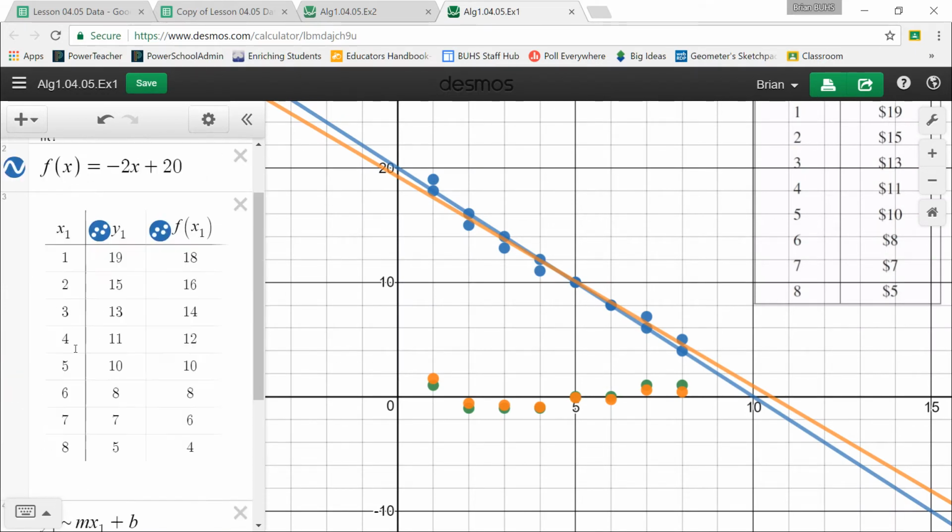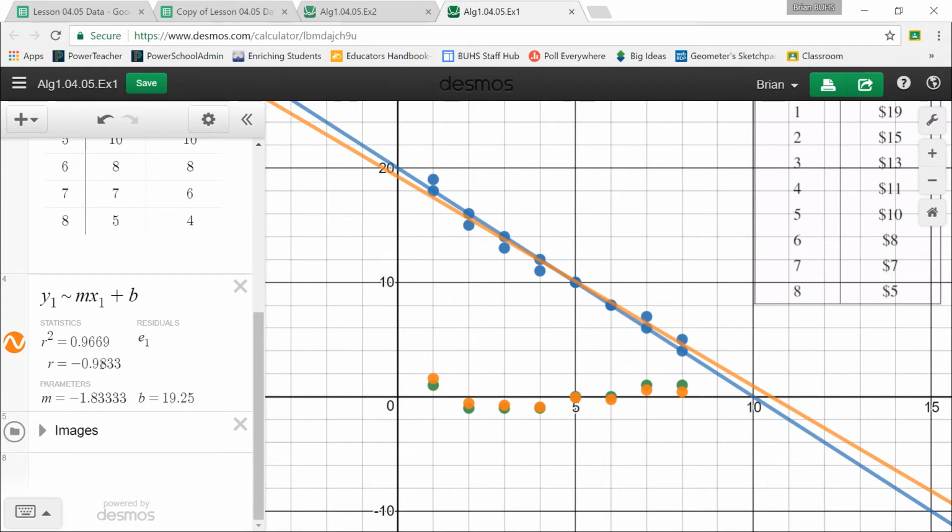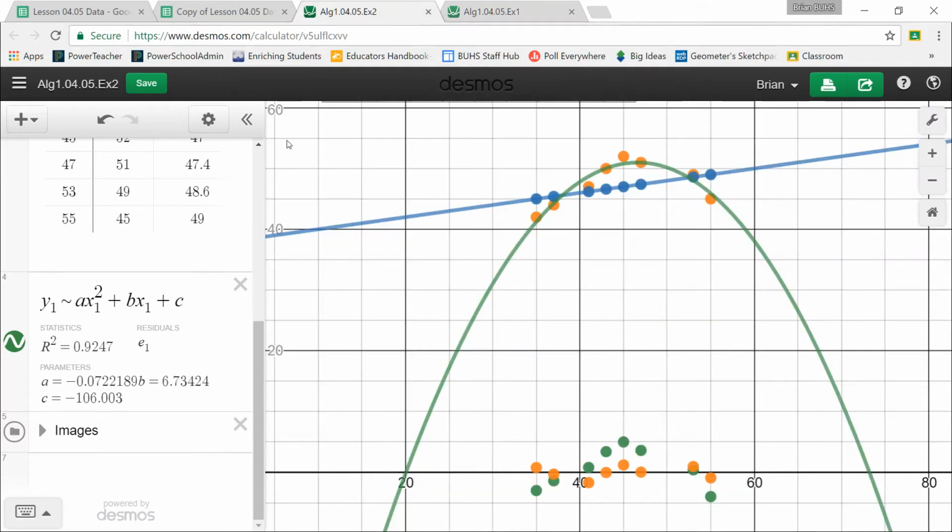Notice the R value is -0.98. You can almost think about that as a percentage, like it's 98% accurate. And it was also negative, which fits this negative correlation.